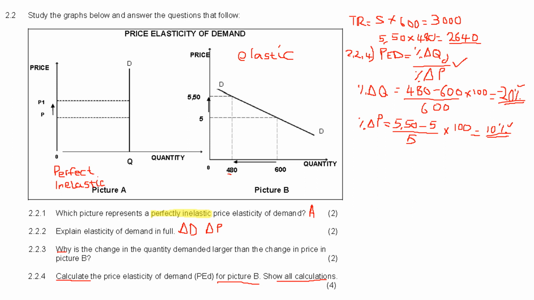So on our formula for price elasticity, PED is percentage change in quantity demanded divided by percentage change in price.